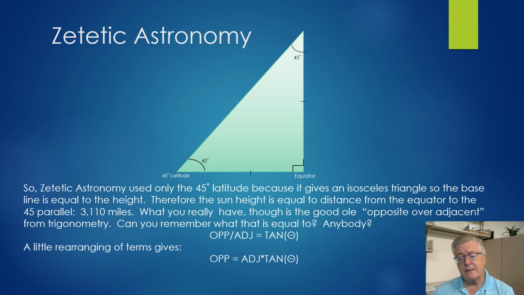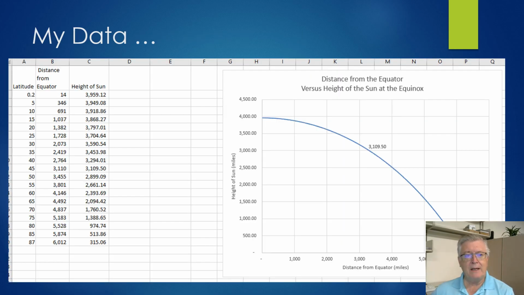The opposite side, which is the height of the sun, is equal to the adjacent side, which is of course the distance from the equator, multiplied by the tangent of the angle, and the angle here is in degrees. So let me show you my data here.